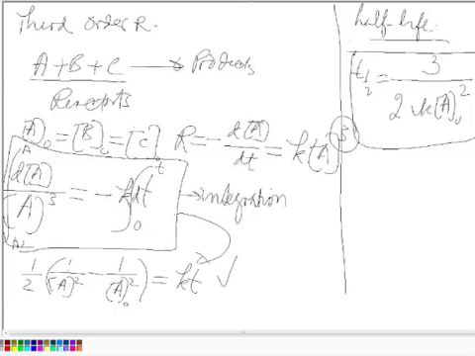You can do it at home by yourself because it is not quite hard. Half-life again is the time when A is equal to half of A0. Very easy.